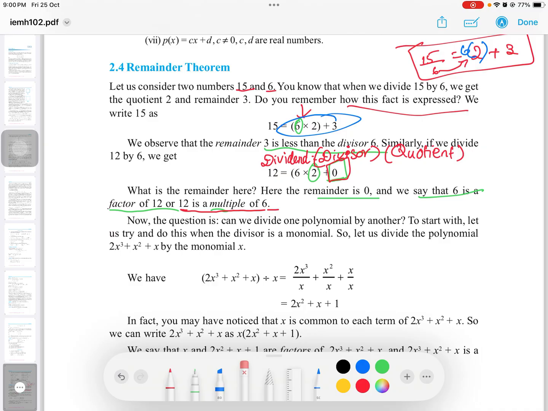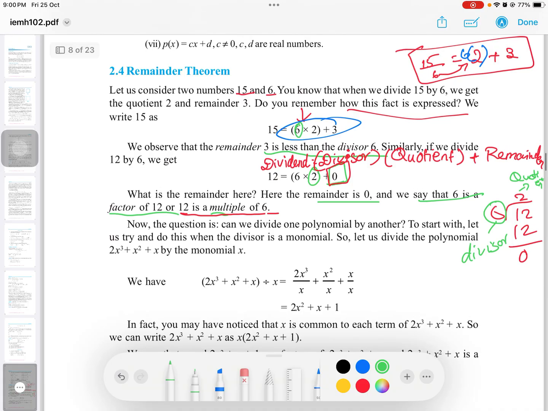The dividend is equal to the divisor times the quotient plus the remainder. This is the divisor, and this is the quotient.